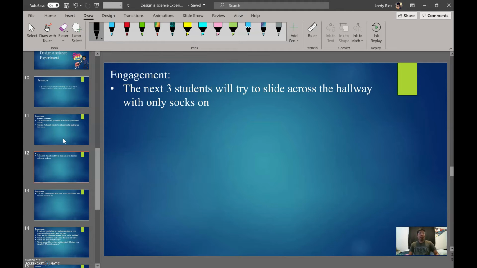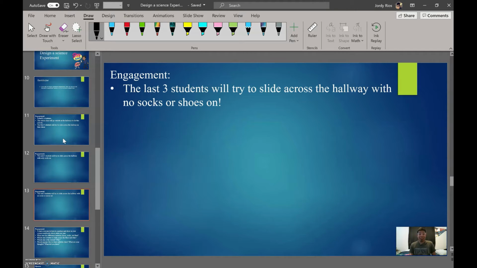So I want all 3 of the students to be in one line and then try to slide as far as you can. And then the last 3 students will try to cross the hallway with no socks or no shoes on. That's right, barefoot. Try to slide as far as you can. We want to see what happens.